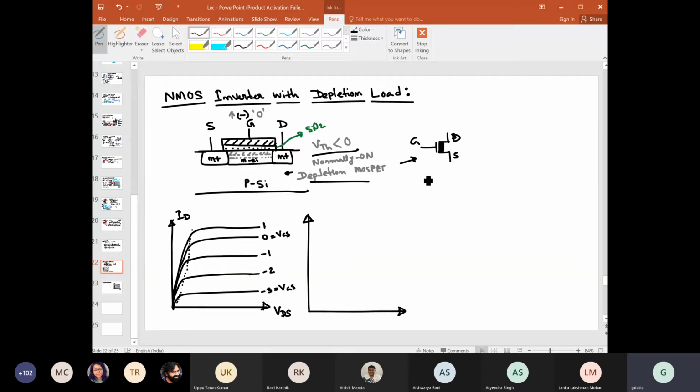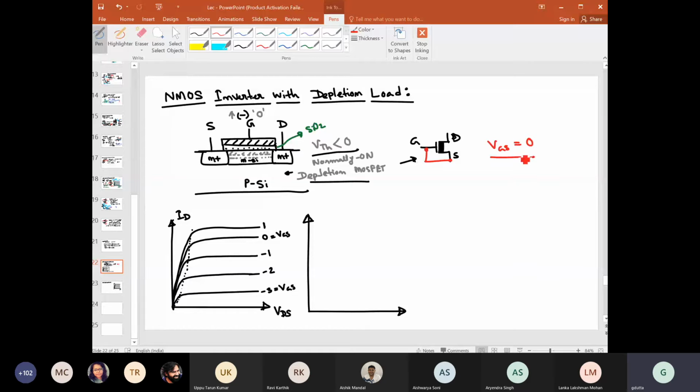Now, suppose you connect this gate and source, or short this gate and source like this, then what is happening? Then basically you are intentionally making VGS for this transistor equal to 0.